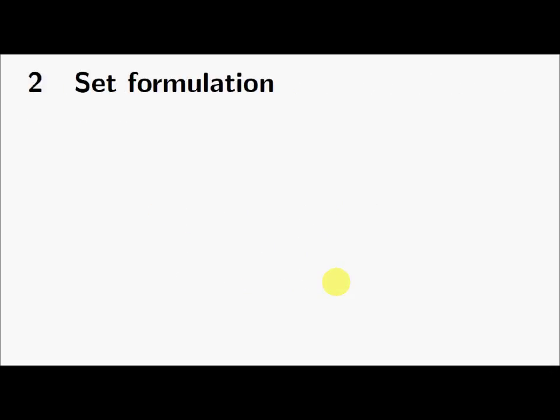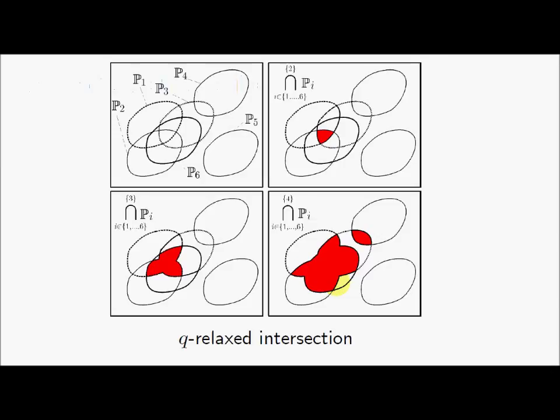For this, I need to formulate Omne in a set membership formulation. For this, I will need the notion of q-relaxed intersection. I consider in the parameter space the sets that are consistent with the ith data.